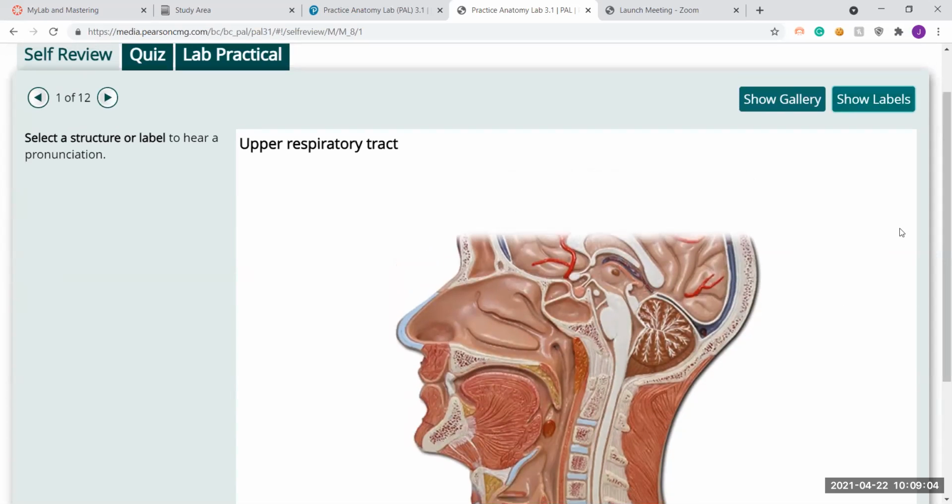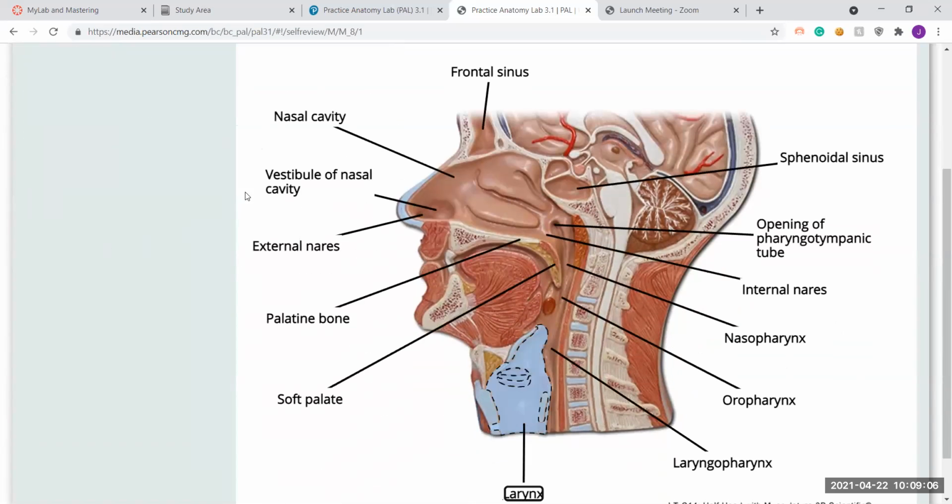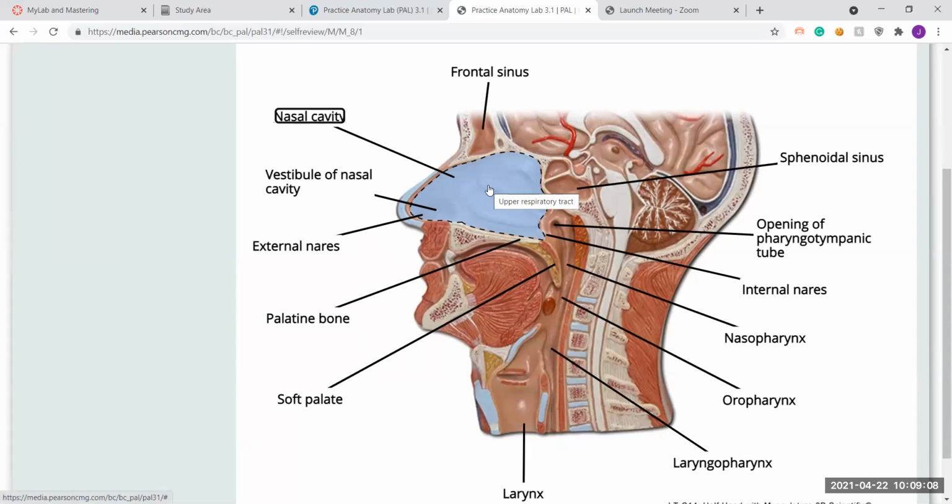So let's see what those structures are. You have the nasal cavity, and the opening of the nose is called the vestibule, the external nares. Then the second part is the internal nares. The external opening is where you put your finger from outside, and the internal nares is the opening of the nose into the pharynx.